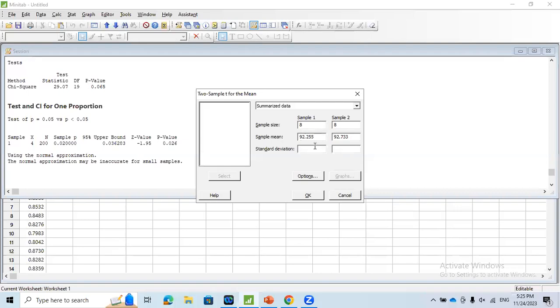Standard deviation is 2.39, 2.98. Remember, this is not the same in the slide, because in the slide I have to put the number in the sheet. But for this, I have no one. I would like to summarize that already.